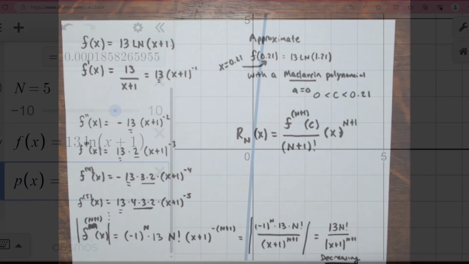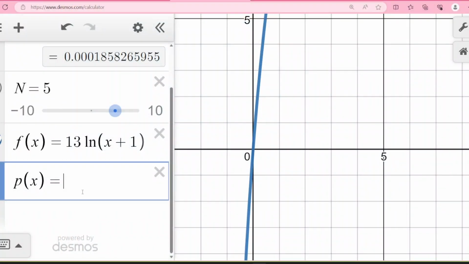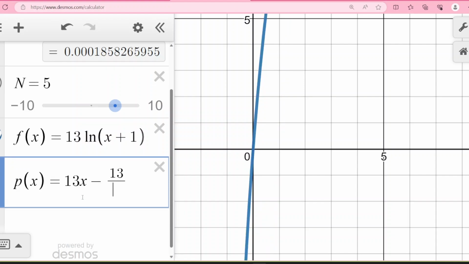So again, I'm just going to type these in. 0 for the constant term. And the value of the first derivative at 0 is 13 times x to the first. And then the value of the second derivative at 0 would be negative 13, divided by 2 factorial, times x squared.